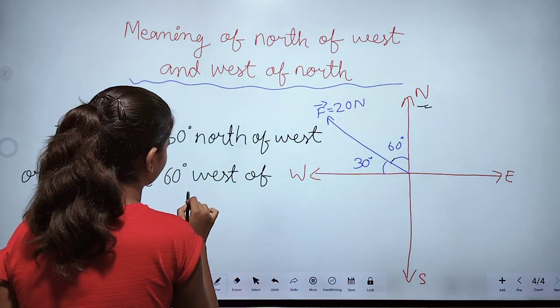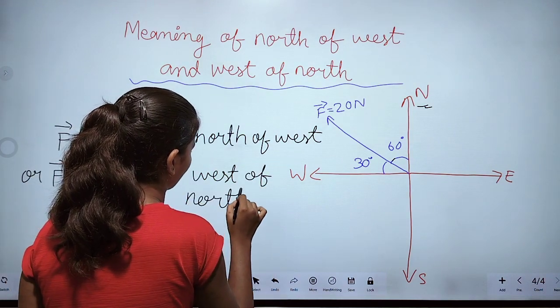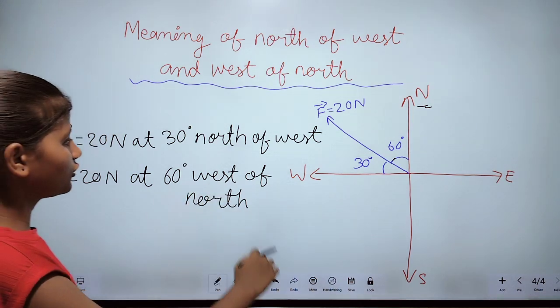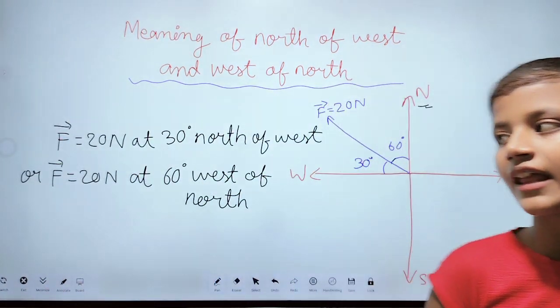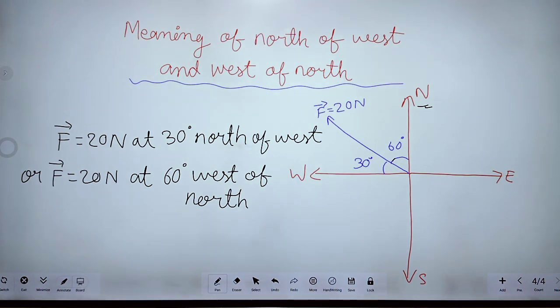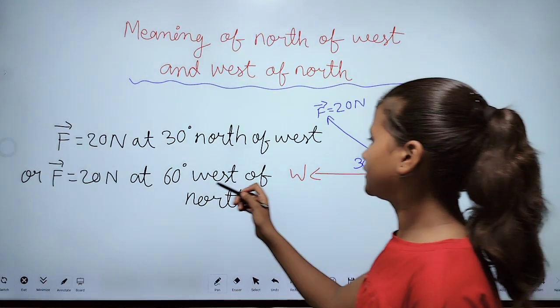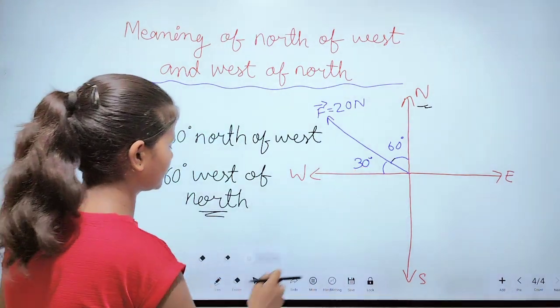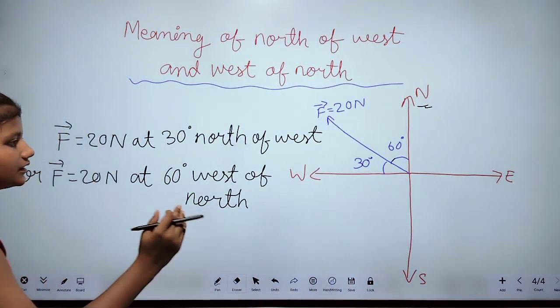So I hope you understand. And we know that the one with which the angle is formed is written last. So 60 degree is formed with north, that's why it is written last.